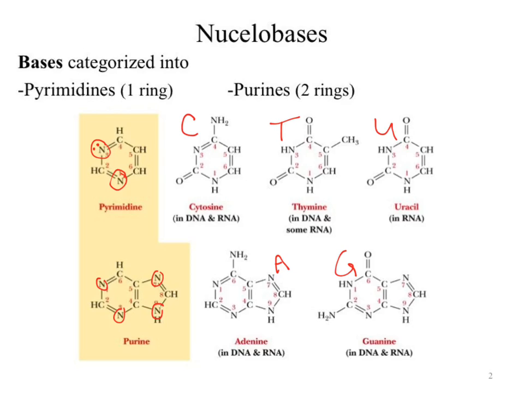That lone pair can still be shared out with a hydrogen atom, and thus they're acting as a base. So that's where we're referring to them as our bases. The nucleo is probably coming from this information being found in the nucleus, for the most part. So that's probably the origin of looking at our nucleobases.